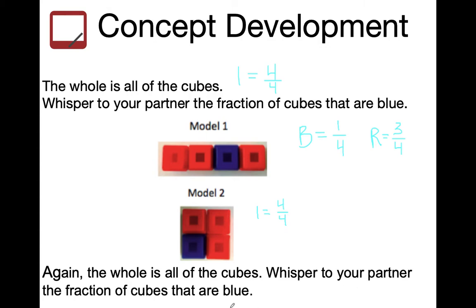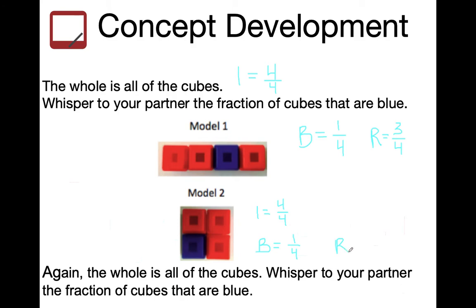So it says to whisper again what fraction of the cubes are blue. How many out of the 4 are blue? If you wrote down 1/4, that is correct. Once again, 1 out of the 4 is blue.